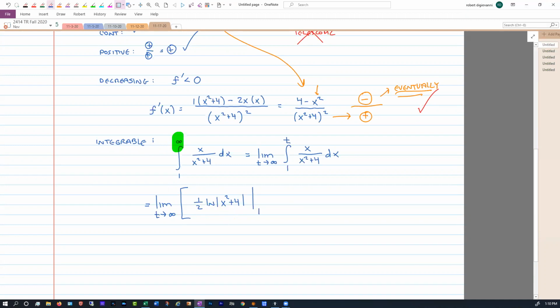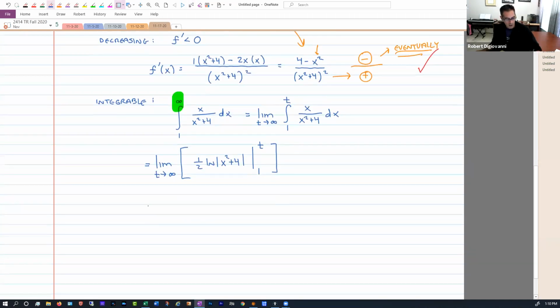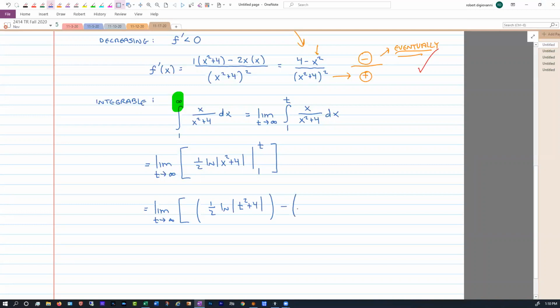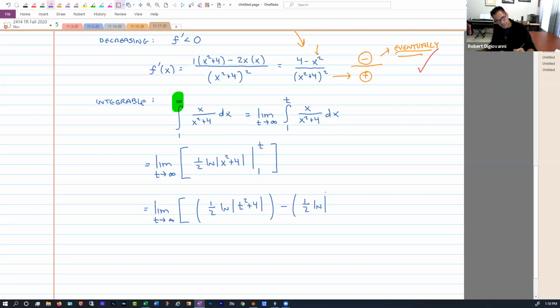And then we're going from 1 to t. Now we plug in t, and then we plug in 1 and we subtract. So when we plug in t, we get 1/2 natural log of t squared plus 4. Is this the same concept from improper integrals? Yes, exactly the same.